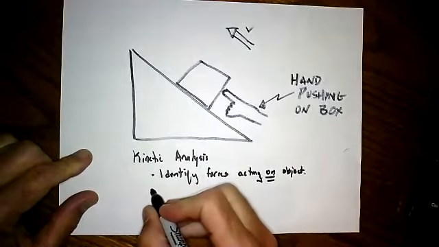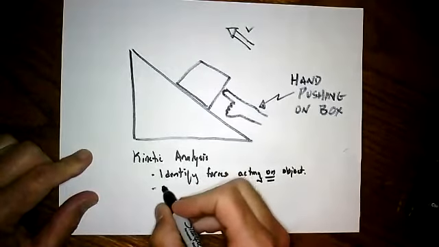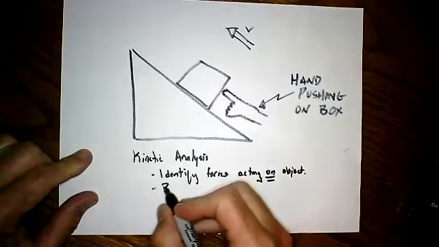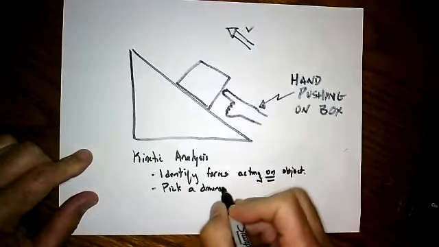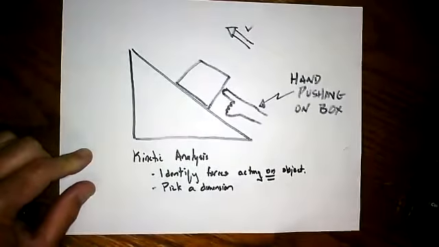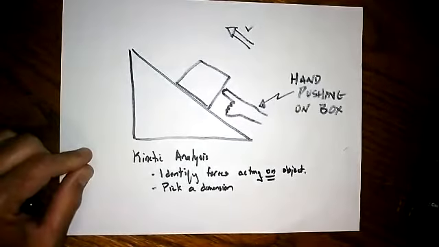And then, it's a couple different ways to go, but you can pick a dimension, what direction you want to deal with: horizontal, vertical, medial, lateral, or in this case, uphill, downhill, side to side, or normal to the surface.